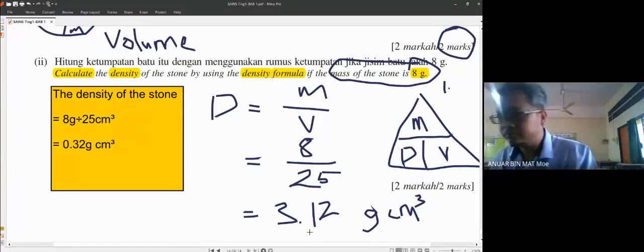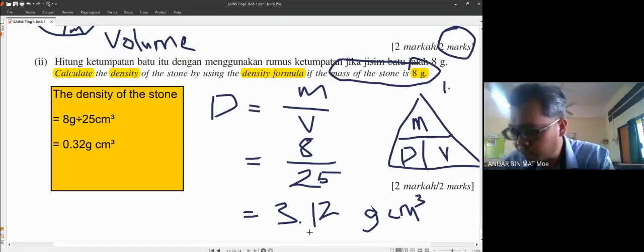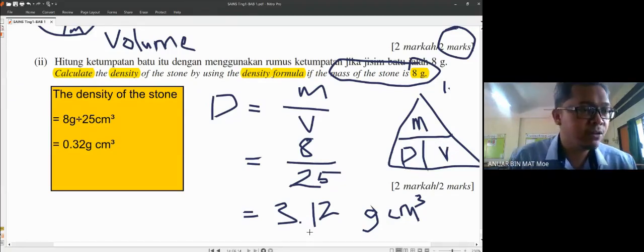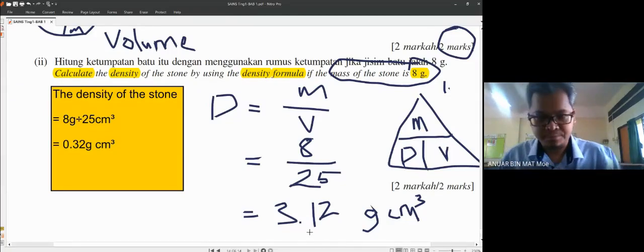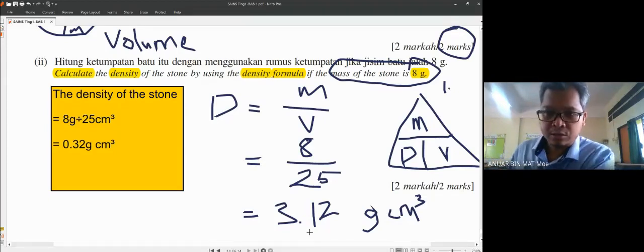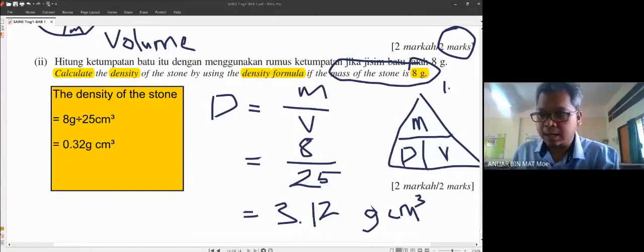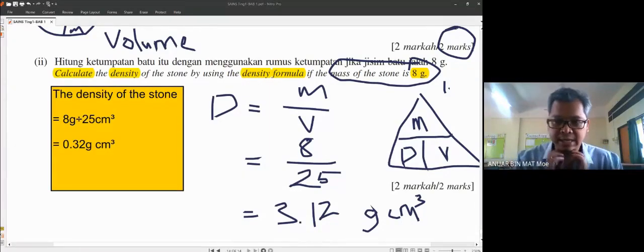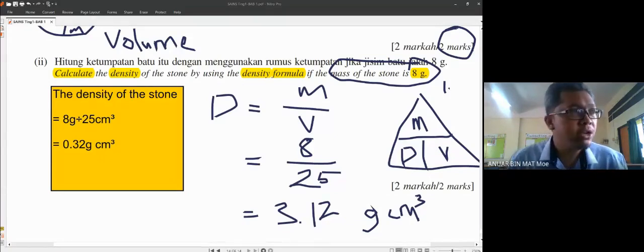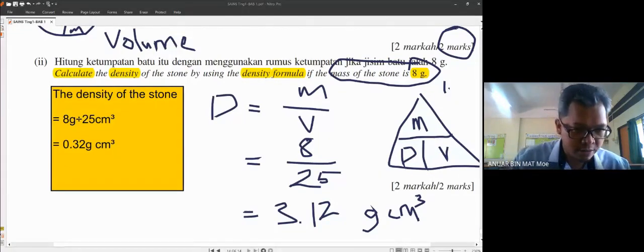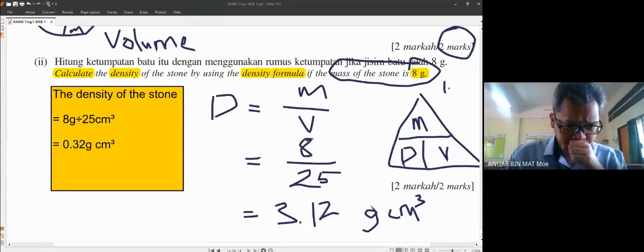So now is pukul berapa sekarang? 11:30. Do you have anything to ask? Anything to ask? No. Okay, I will stop here, and then we continue our next chapter. Where is the timetable?